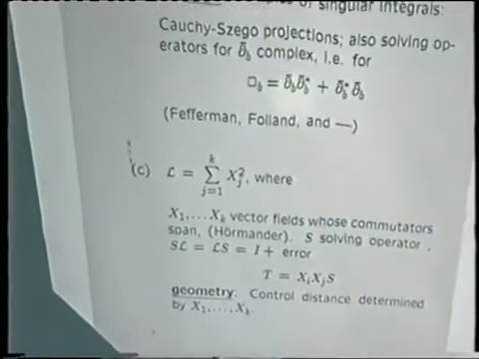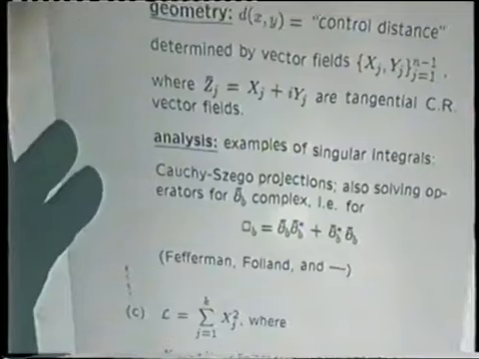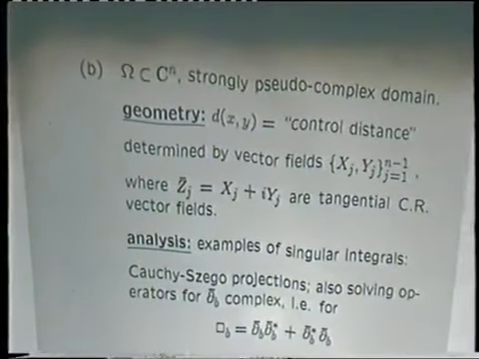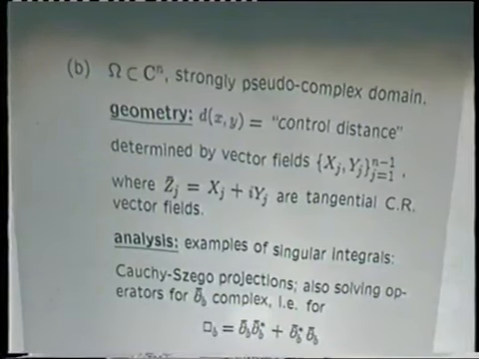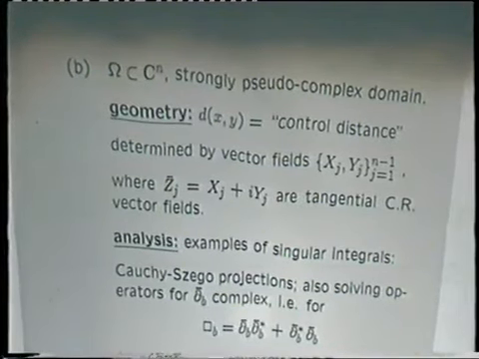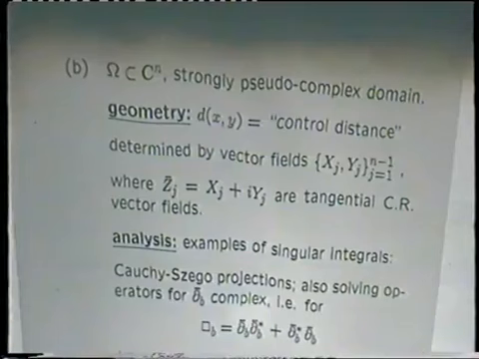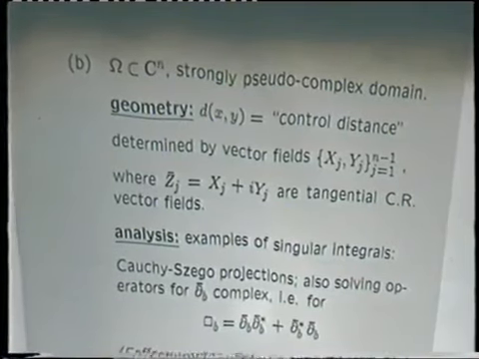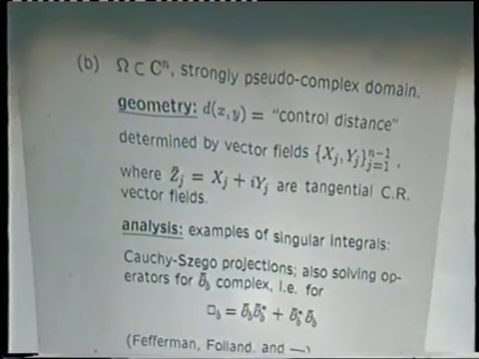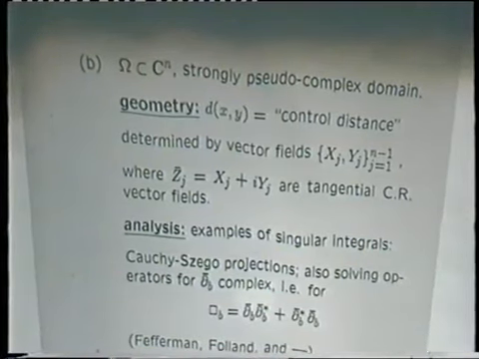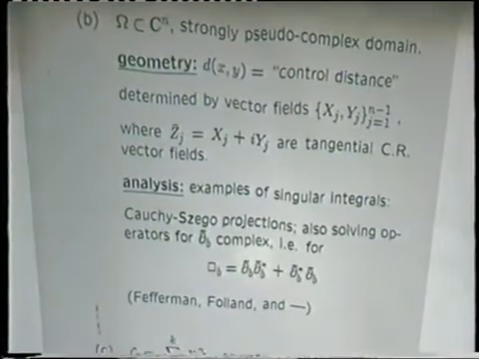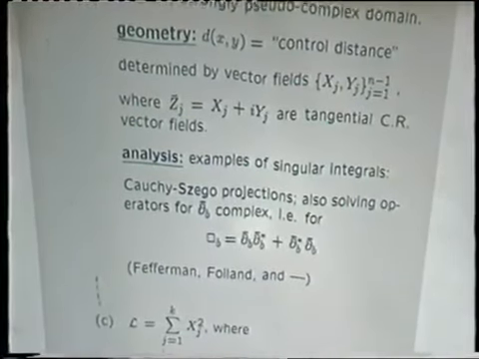So that's one example. Let me very quickly mention two other examples of this theory. So here the unit ball is replaced by some domain omega in C^n, which is strongly pseudoconvex. And now actually what one is looking at is the boundary of that domain, and the geometry, and this is an important point which I'm going to be describing more in a moment, is given by the distance, which is the control distance determined by certain vector fields.